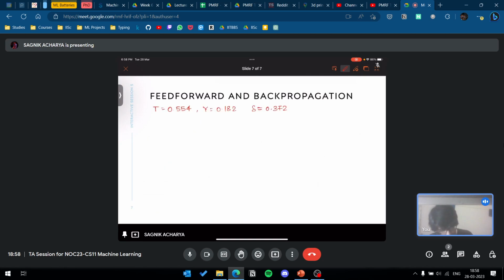Let us calculate both of these. So delta 4 is equal to W46 times delta, which is 0.1 times 0.372, which is 0.0372, right? Similarly, delta 5 is W56 times delta, which is 0.1 times 0.372, which is 0.0372.